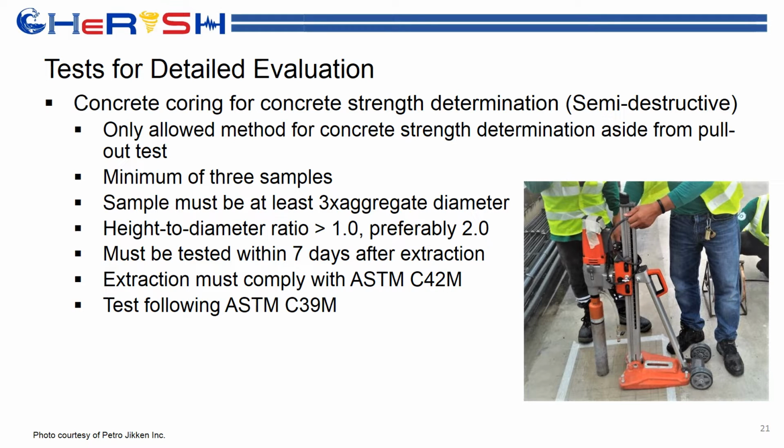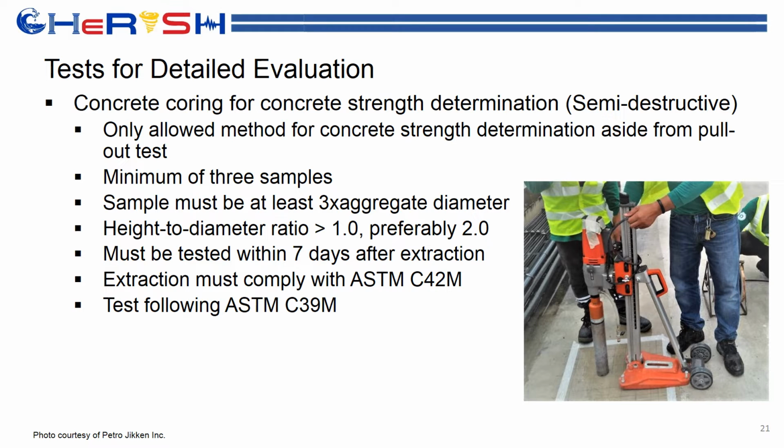Then it is also necessary to note that for the compressive strength testing of these core samples, we maintain the height to diameter ratio at greater than 1. Again, this is related to the variability of the test results that was observed in experiments, that a lower H by D ratio would have a higher variability.